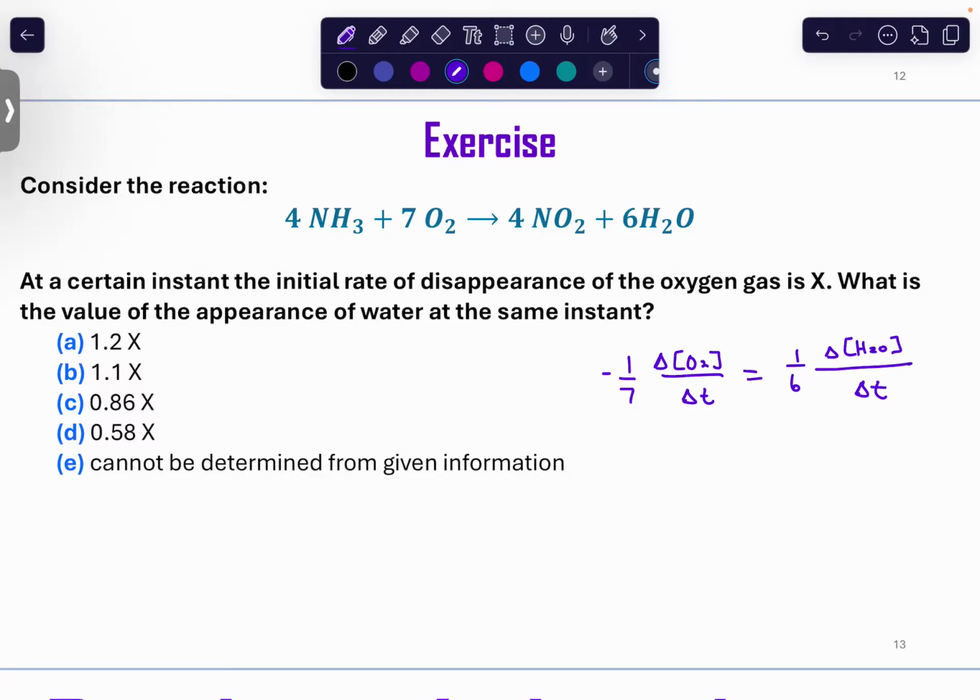Because what you're really going to want to do, we're just going to make that X, because again, that rate takes the negative sign with it. Okay. And that leads you to answer C.